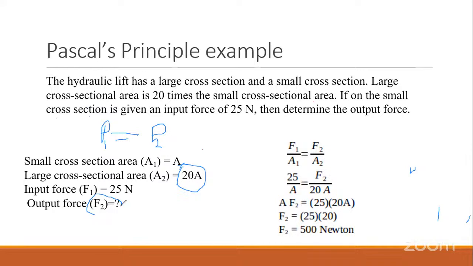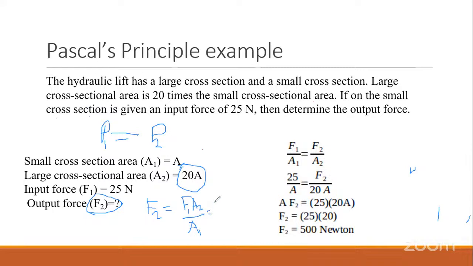So by these details, we can write our expression as F2 is equal to F1 times A2 over A1.